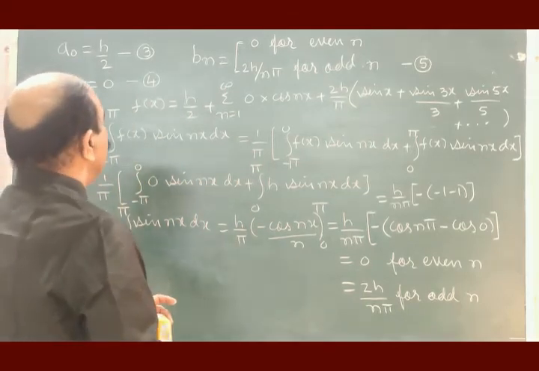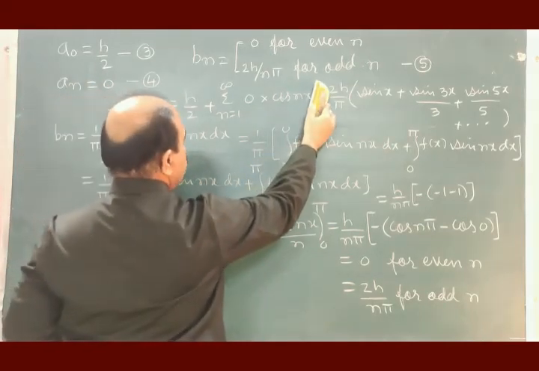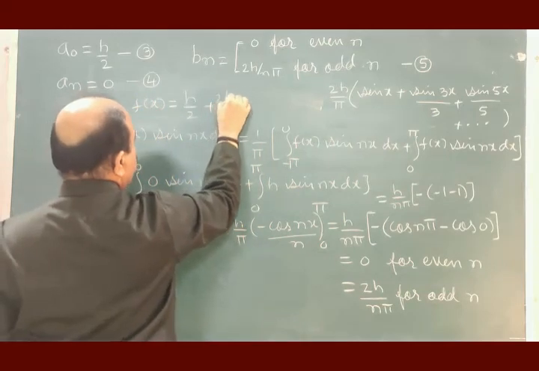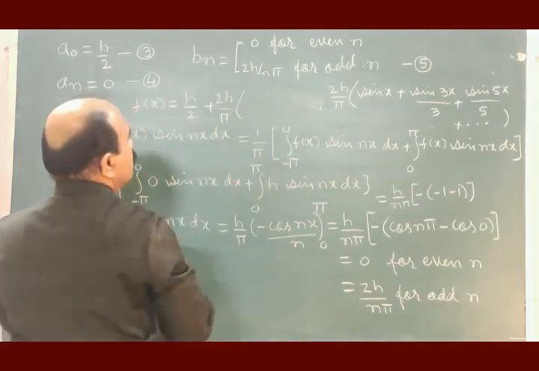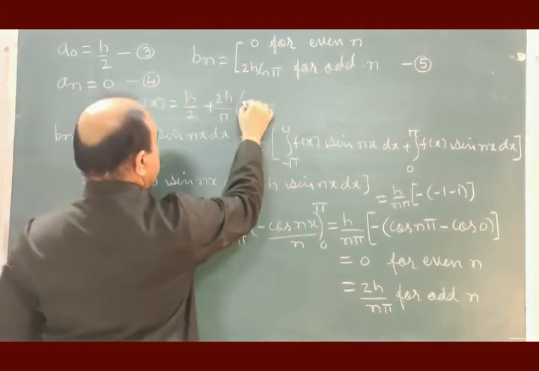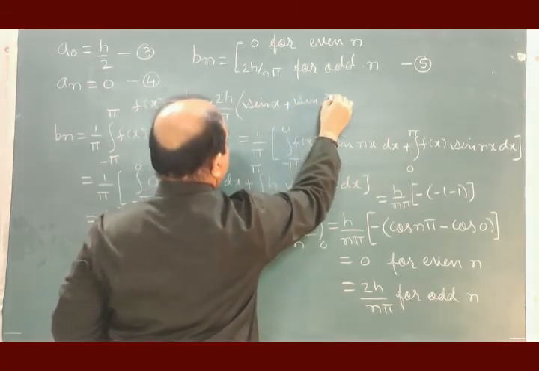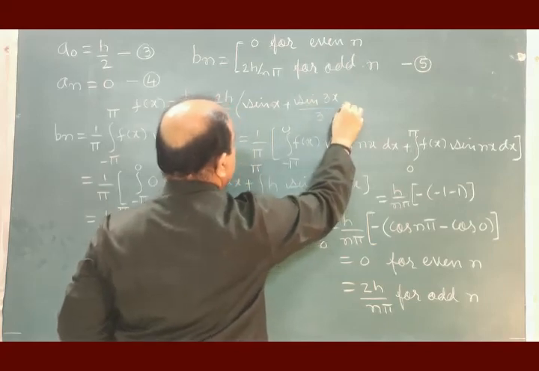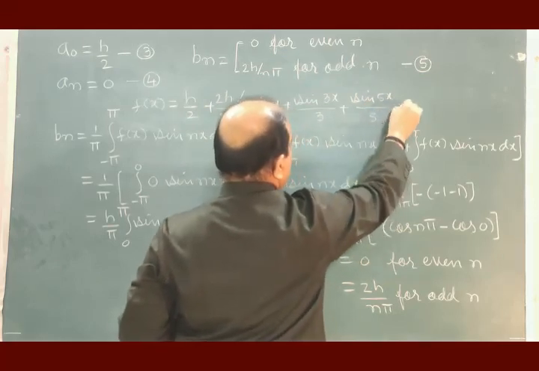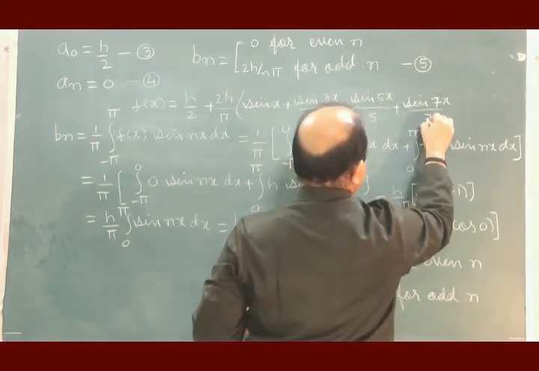And therefore the Fourier series representation of square wave is h by 2, this is 0, let me take away 0, 2h divided by pi into, in the bracket, write the sine terms, that is sin x plus sin 3x divided by 3 plus sin 5x divided by 5 plus sin 7x divided by 7.